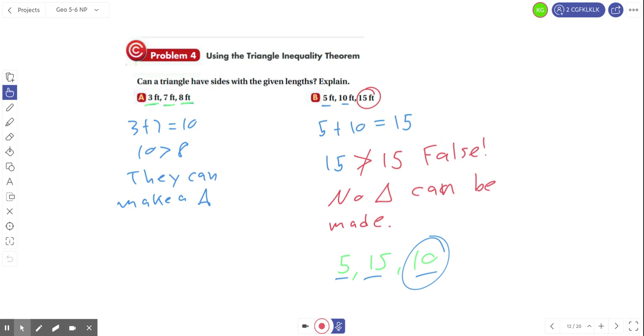So that's where we're just checking how closely you are paying attention. Are you really thinking about what you're saying? Be careful with that.